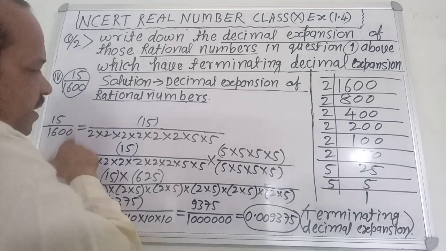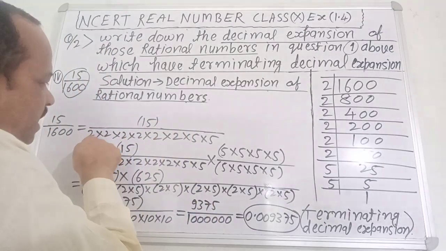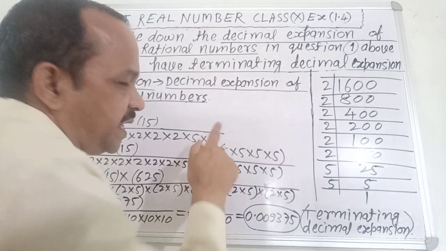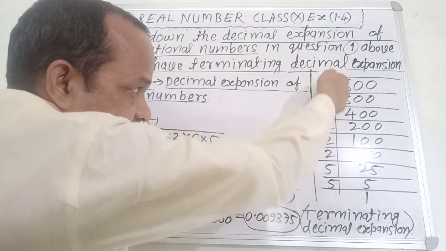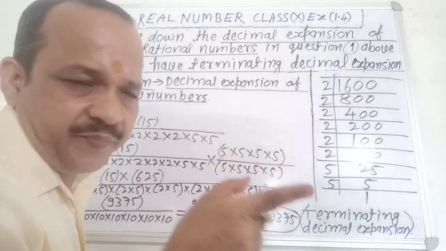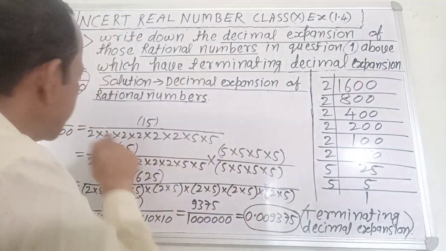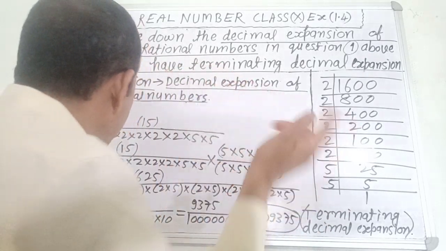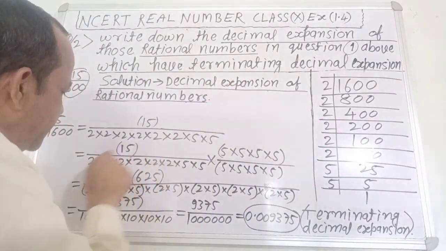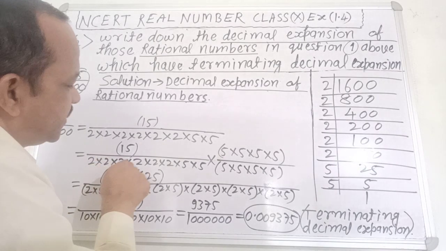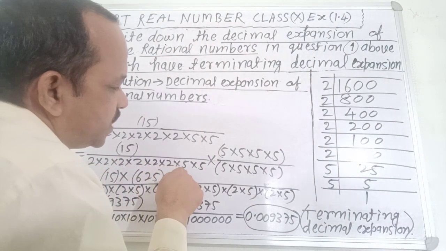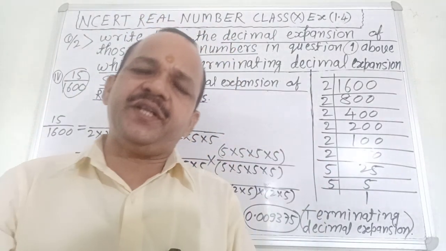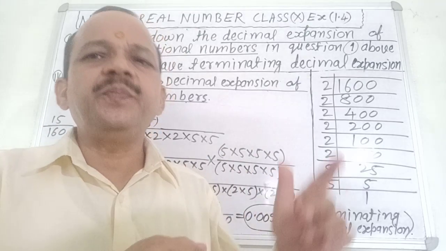15 upon 1600 equals 15 upon 2 times 2 times 2 times 2 times 2 times 2 times 5 times 5, because here 2 appears 6 times and 5 appears 2 times. You convert the denominator into 10 to the power m.